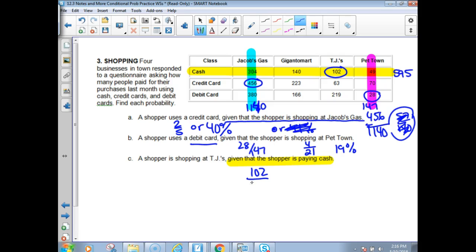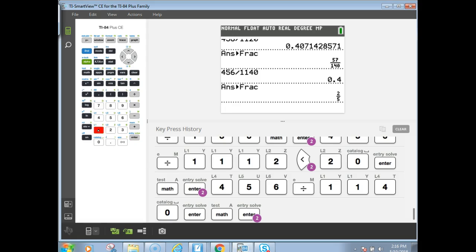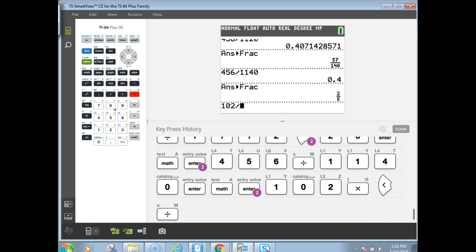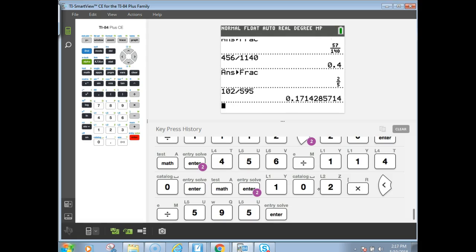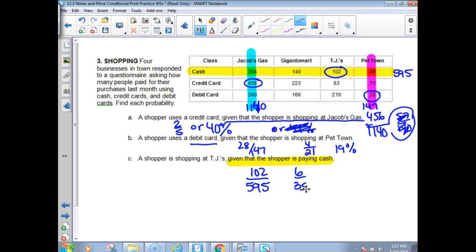So 102 out of 595. That does reduce to 6 over 35, or if you went ahead and got the percentage, 102 divided by 595. In decimal, it's about 17.1%.